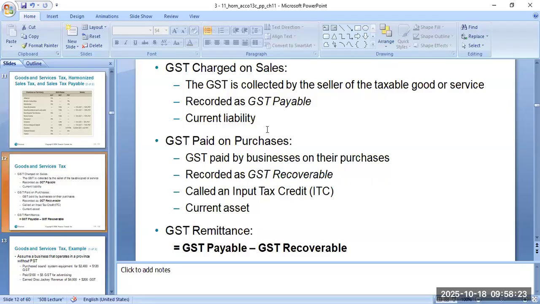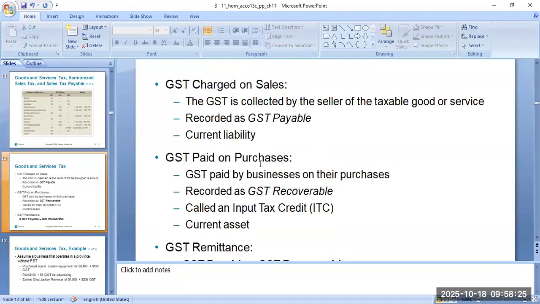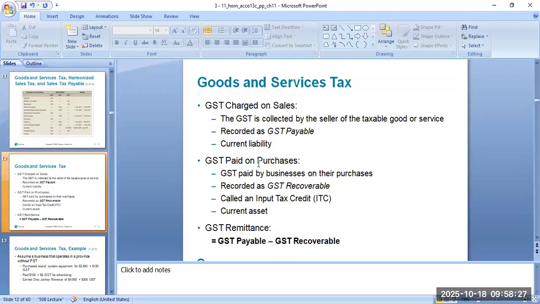Now, how does the GST actually work? The GST is very simple. For the corporation or entity, every time the entity sells goods and services, they have to charge GST on sales.